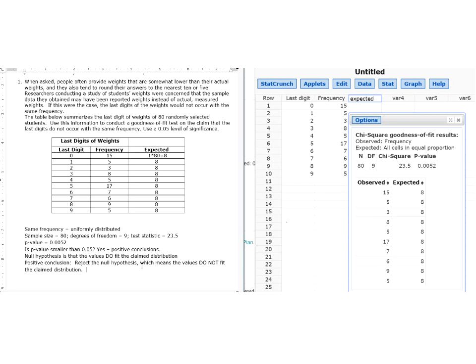In this case, that would mean that no, they're not equally distributed. So the last digits of the weights are not equally distributed, which probably means that they were reported instead of actually measured.